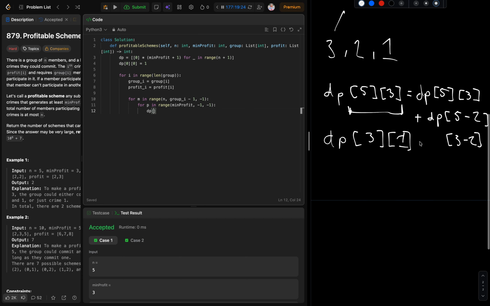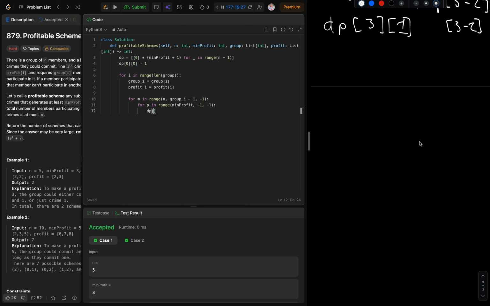So as an example, let's say you have a crime that takes 1 person, but it results in 10 profit.